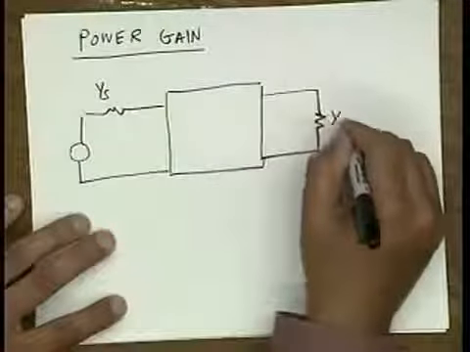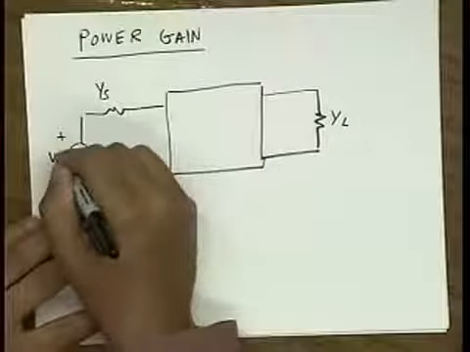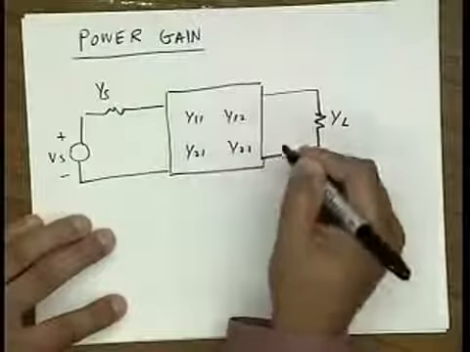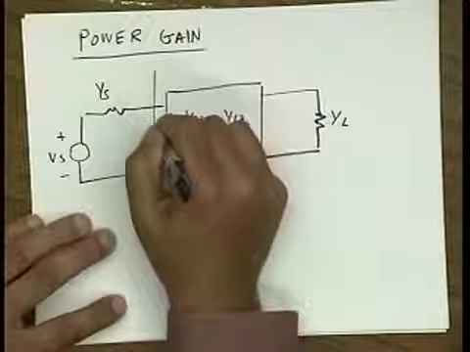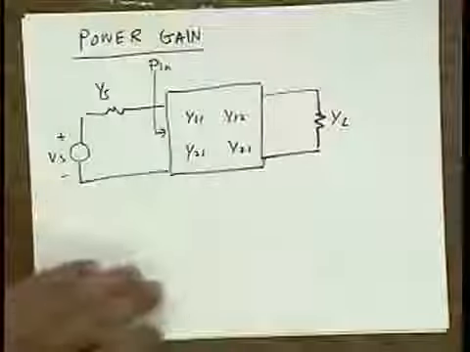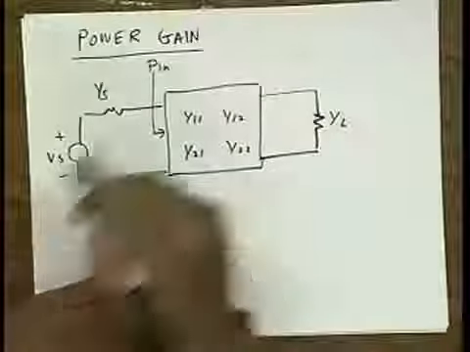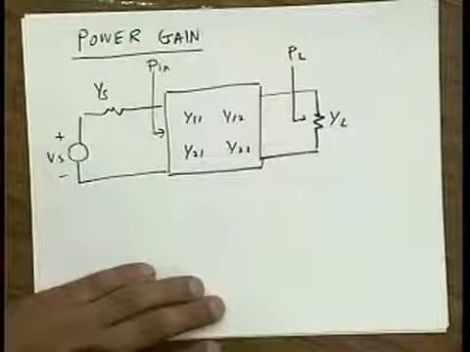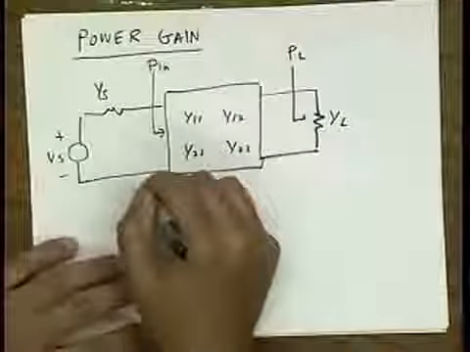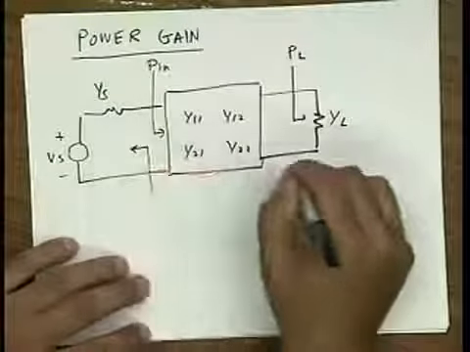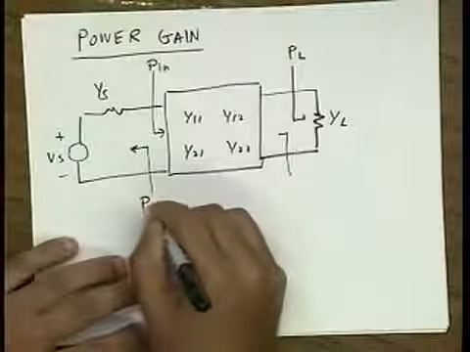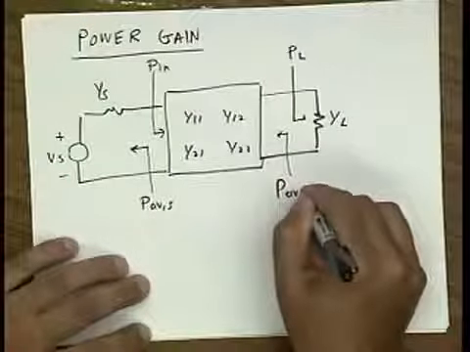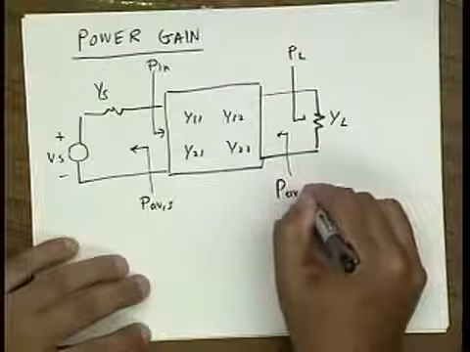So let's work, for instance, with this setup. This is our generic 2-port. Let's define P in as the power going into our 2-port, and let's define PL as the power flowing into the load. It turns out that it's very interesting to also consider the power that's available from the source and the power that's available from the 2-port or the load.